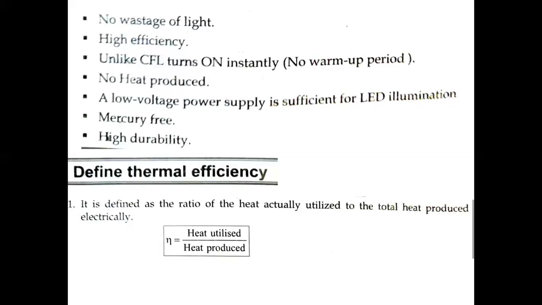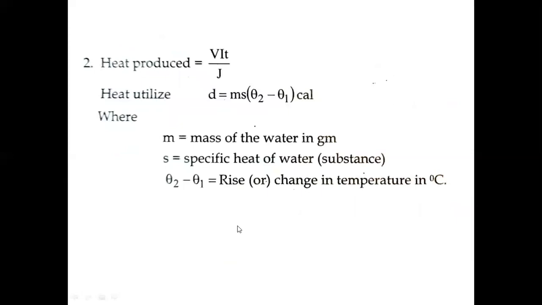Next, define thermal efficiency. It is defined as the ratio of heat actually utilized to the total heat produced electrically. Thermal efficiency is heat utilized by heat produced. Heat produced is VIT by J. Heat utilized is ms into theta 2 minus theta 1 calories.